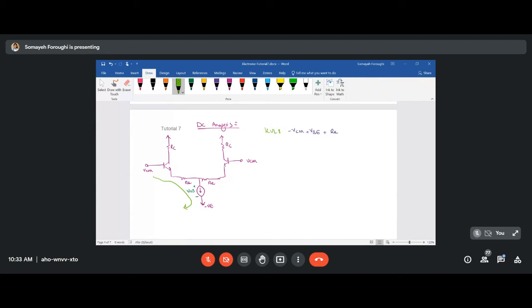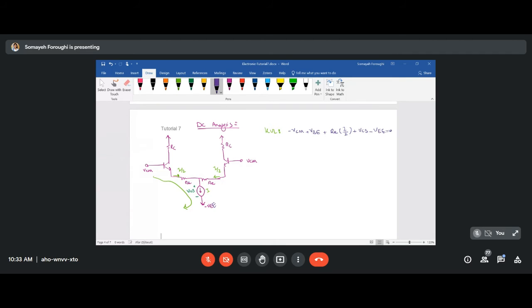When you have I branching out, then you have a half I here and half I here, since the two REs are equal. Then in your KVL, you will have RE times the current plus VCS minus VEE all equal to 0.